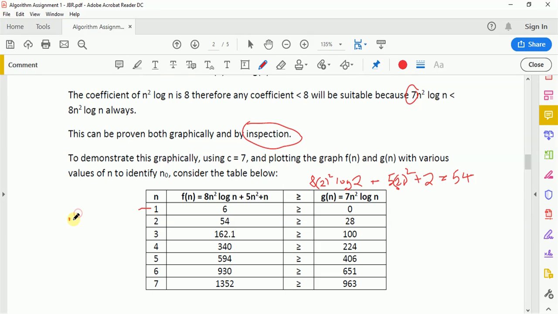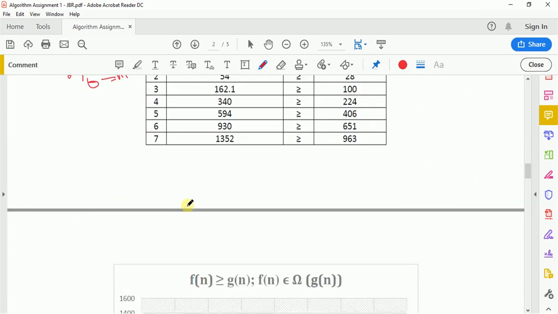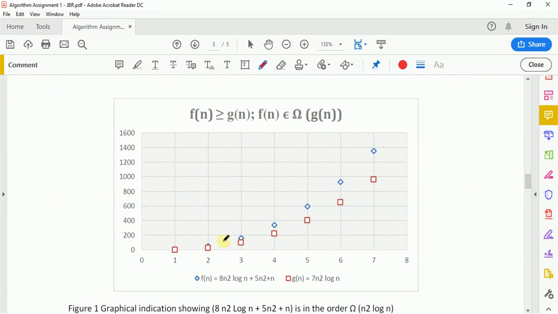So we'll say n0 is equal to 1, and c is equal to 7. This is pretty easy. Now this is a chart. Remember I told you we're using points because the values of n are integers. So right from here, you can see f of n is always greater than this.